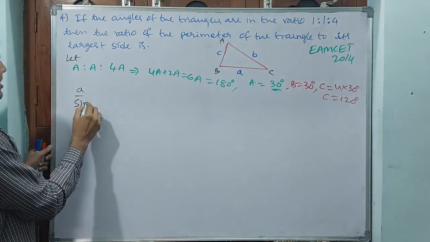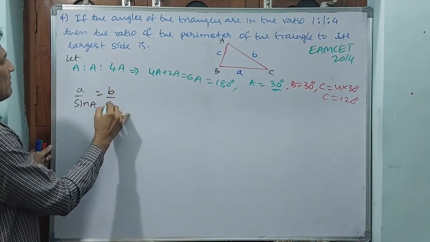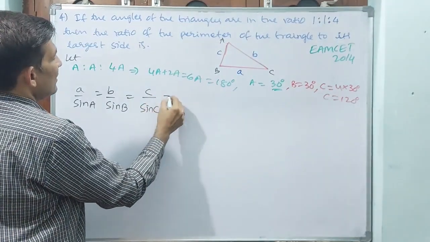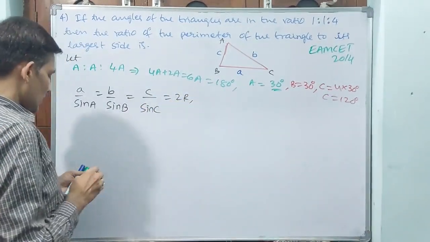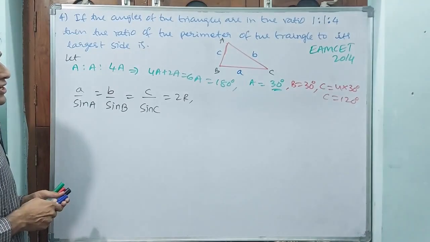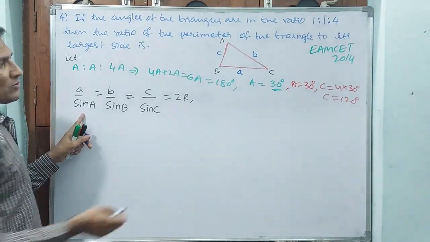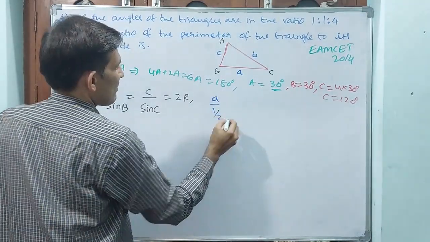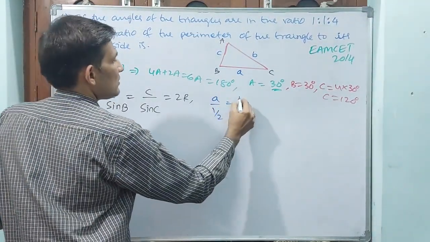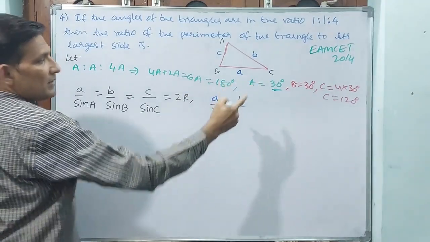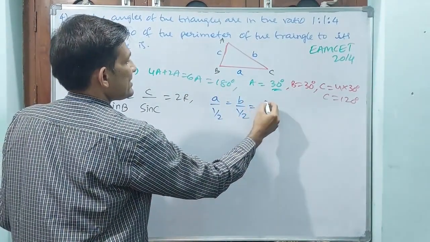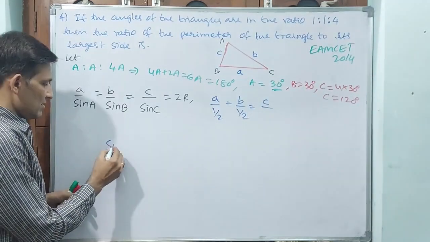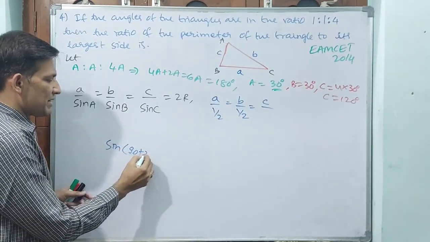a by sin A is equal to b by sin B is equal to c by sin C is equal to 2R. Okay. But see, a, b, c you don't know, but sin A you know, sin 30. a by sin 30, 1 by 2. b by sin 30, 1 by 2. c by sin 120.